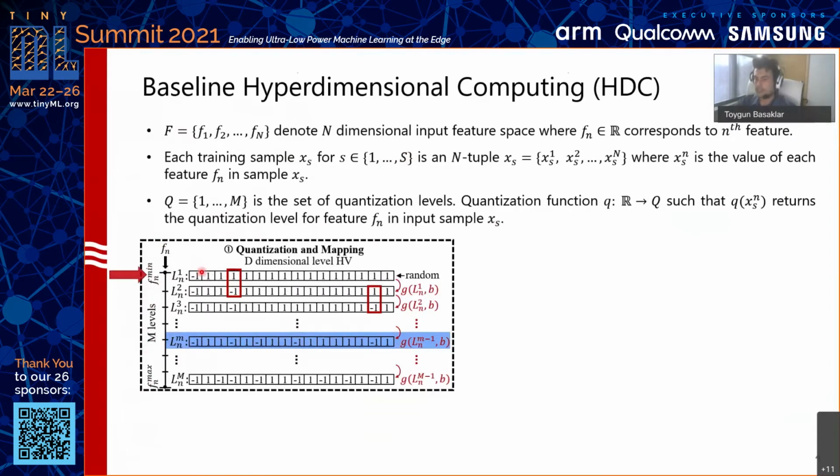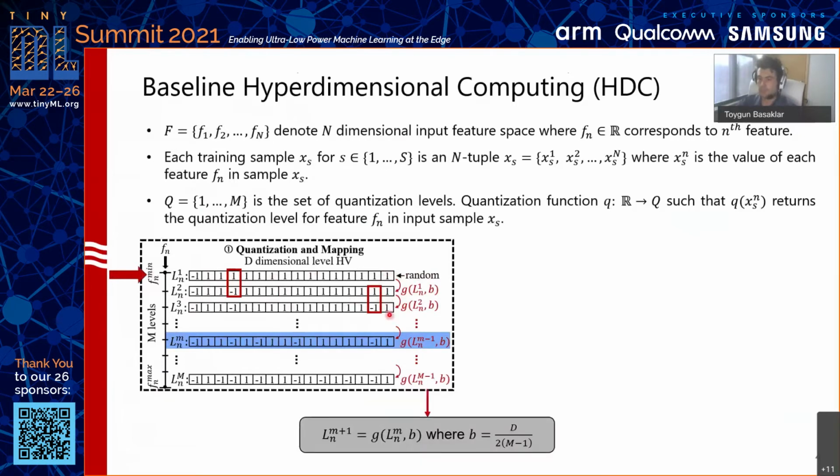Then it assigns a random d-dimensional hypervector to the first level, and the consecutive level hypervectors are generated by randomly flipping b bits for each consecutive level.